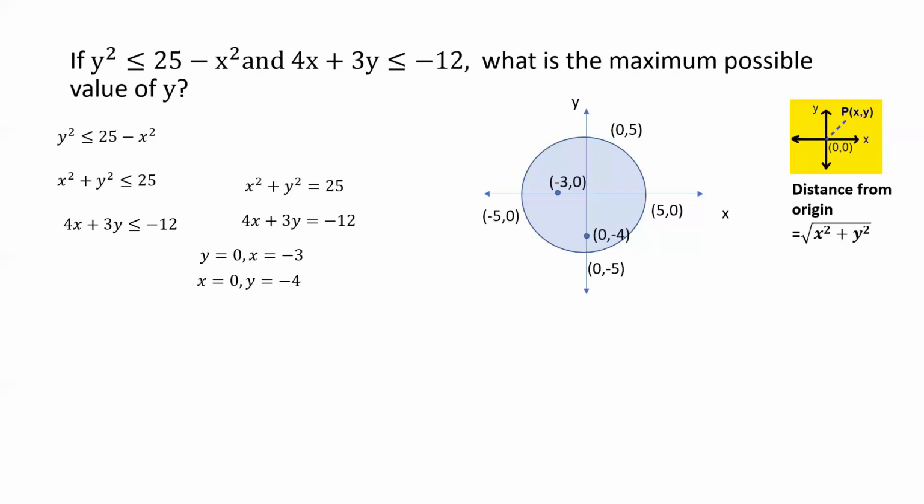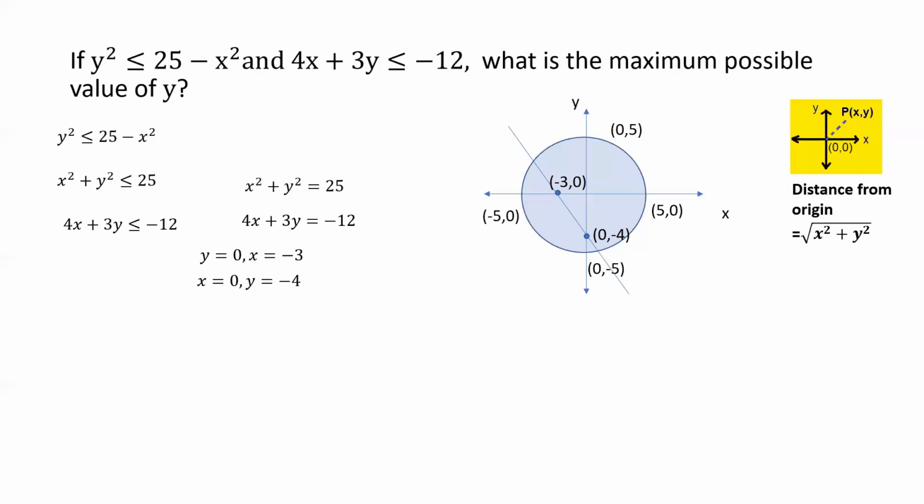So let's draw out those points on the x and y axis respectively, and then if we just join them, this is the line. Now, for the inequality 4x plus 3y to be less than or equal to minus 12, the points which satisfy this inequality will have to be below this line on the xy plane.